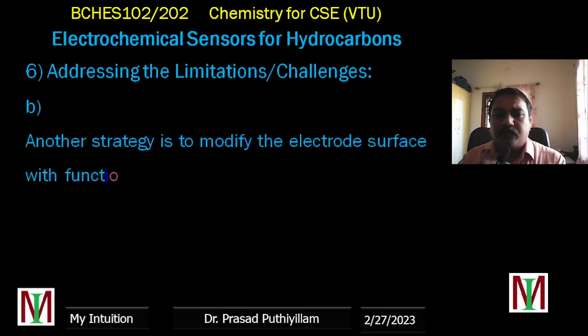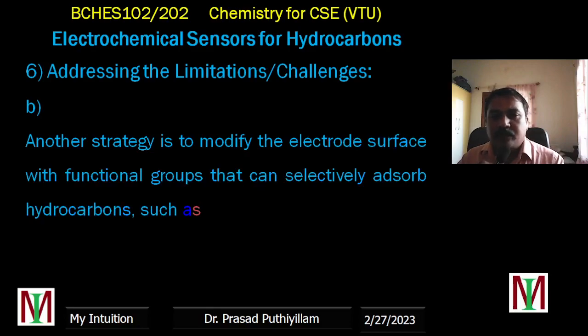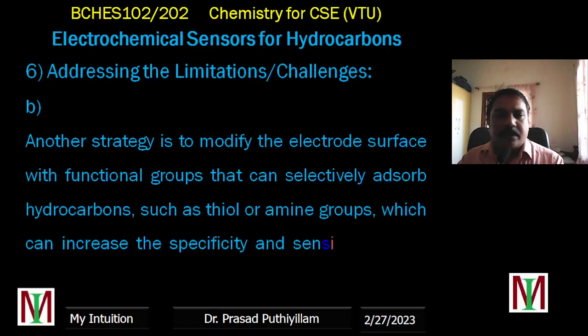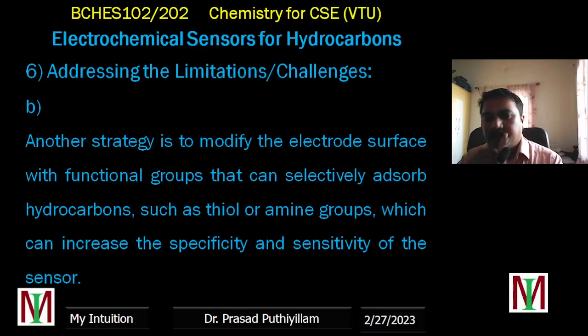Another strategy is to modify the electrode surface with functional groups that can selectively absorb hydrocarbons, such as thiol. Thiol means sulfur and SH functional group. Amine groups, that is NH2, nitrogen and hydrogen, we call it an amine group. If you add or attach these functional groups to the surface of the electrode material, it will increase the specificity as well as the sensitivity of the sensor.